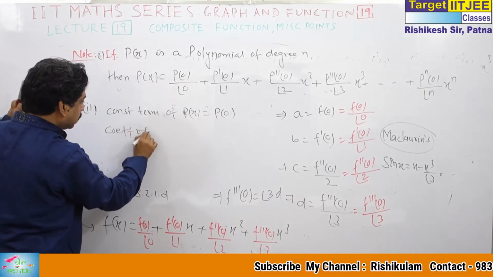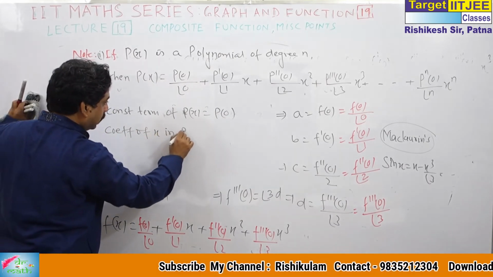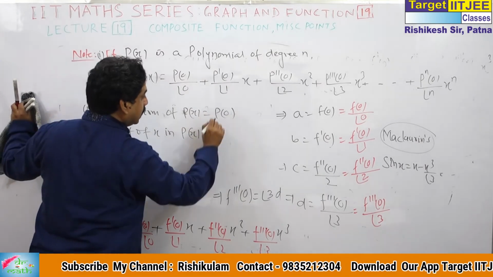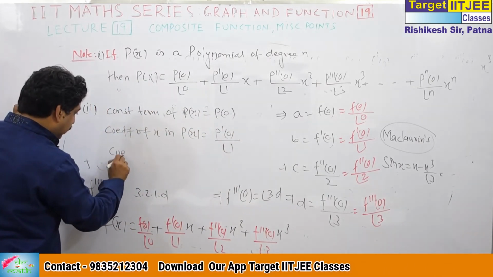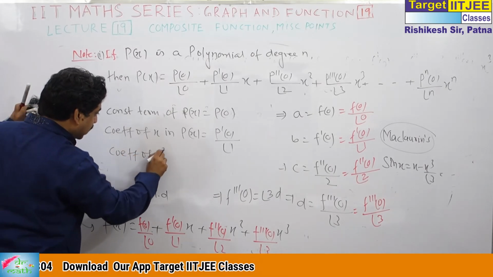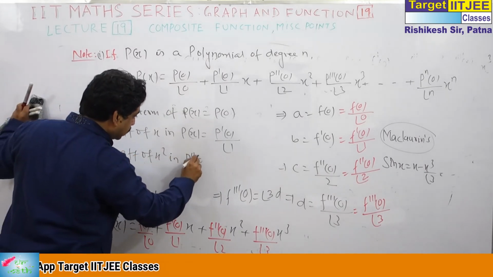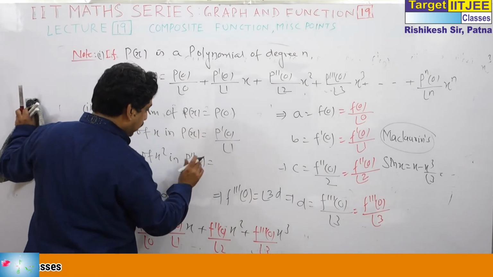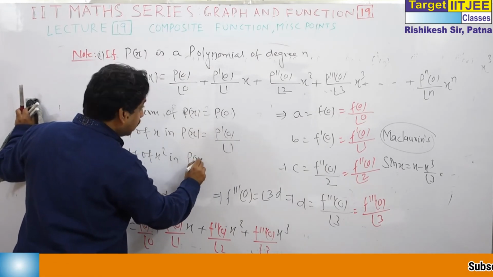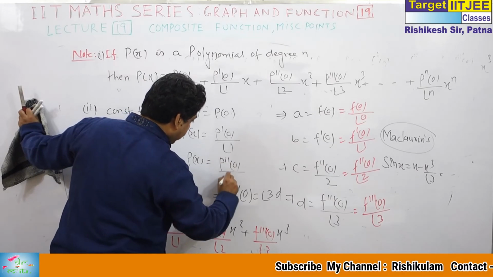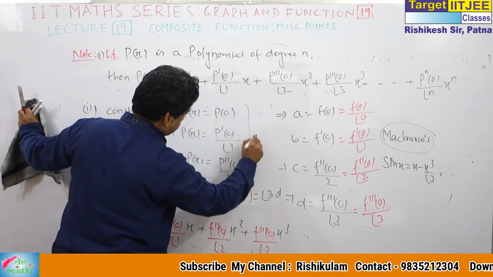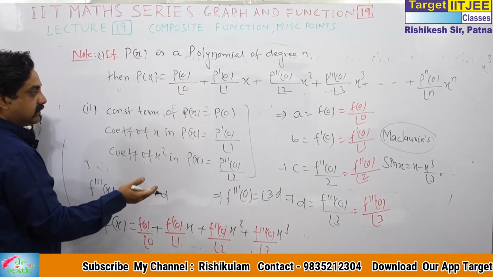The coefficient of x in Px is P dash 0 by 1 factorial. The coefficient of x square in Px is P double dash 0 by 2 factorial. That will be used many times in questions.